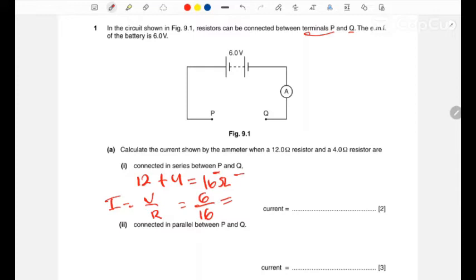So 6 over 16 would give us 0.375. We can round it to 0.38 amps. That's going to be our answer.